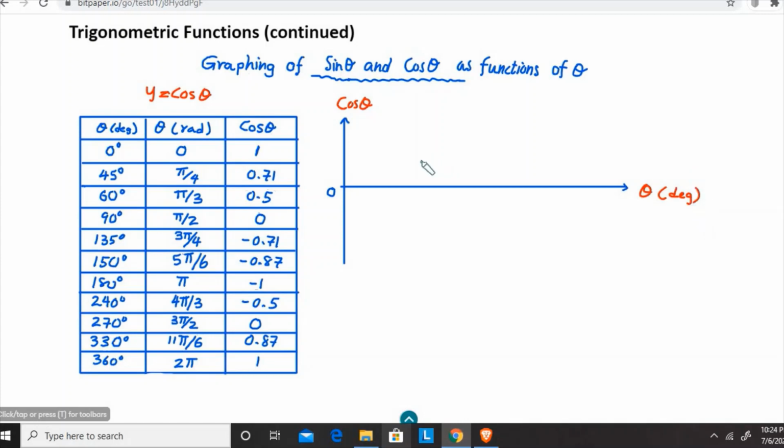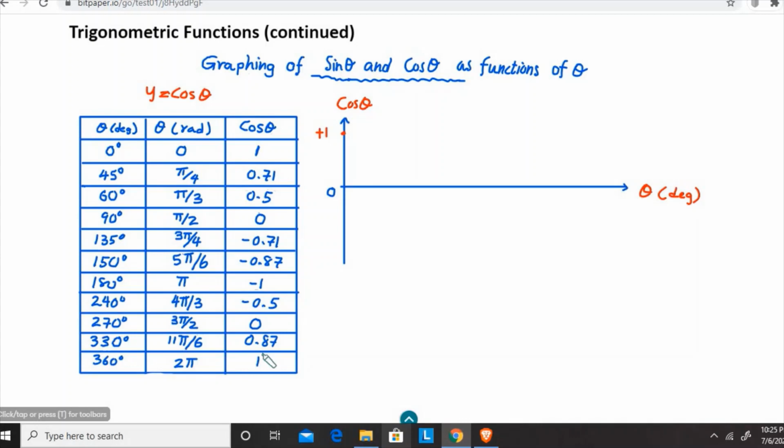And then here, when you plot this curve, you can see at zero angle, cosine theta is 1. So that's somewhere here. That's +1. And then you can see at 90 degrees, cosine value is 0. And then at 180 degrees, it's -1. And 270, it's 0. 360, it's 1.